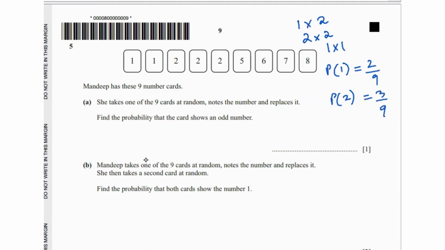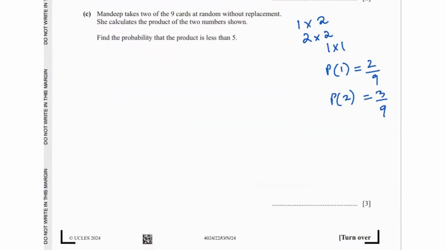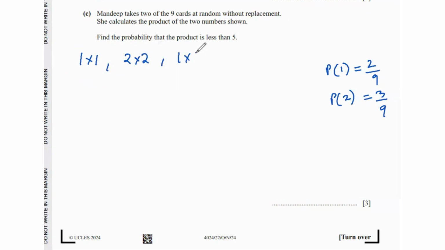So now if we scroll down, these are 3 possible combinations: 1 times 1, 2 times 2, and 1 times 2. Since it's without replacement, for 1 times 1, that's going to be 2 over 9 times 1 over 8. That is the probability of us getting a product of 1.